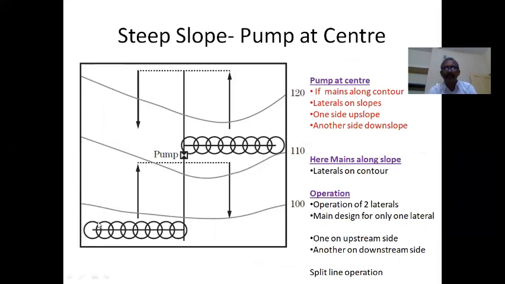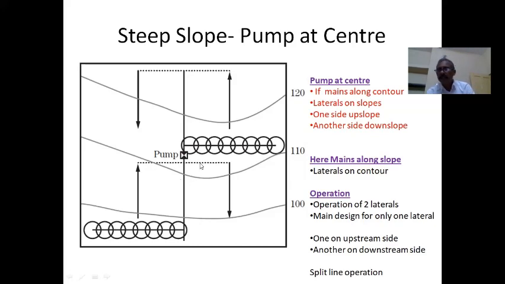The pump is at the center, and in this case, two laterals are simultaneously operated. So let us assume that these two laterals operate either on this side of the pump or on the other side of the pump. In that case, both the lateral discharges will have to go through the main line.